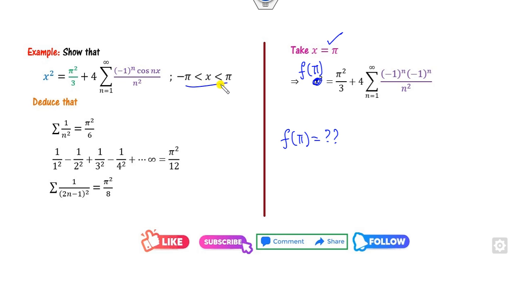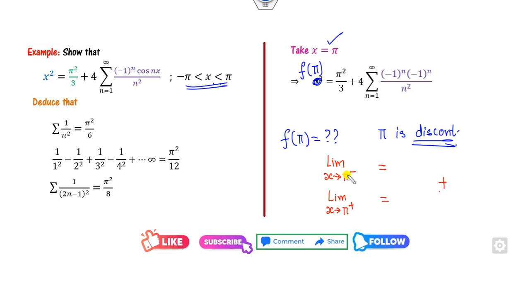But you can see the function is not equal there. That means pi is a discontinuity. So what is the meaning of discontinuous? You have to find the limit as x approaches pi negative, find the limit as x approaches pi positive, and then finally take the average.